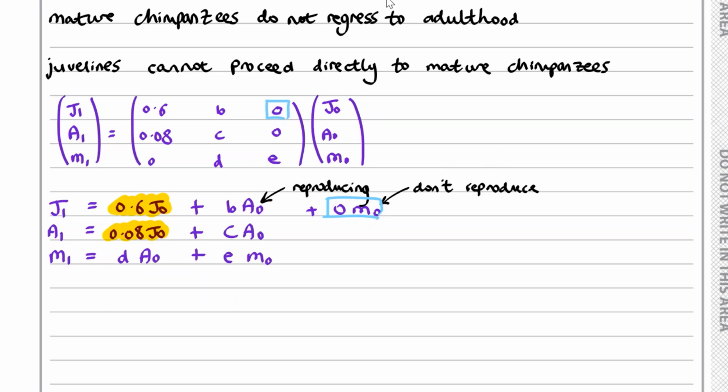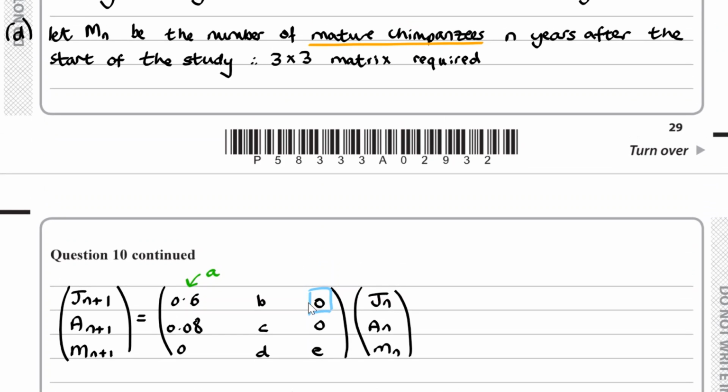And you would also have to recognize that we have 0 m0, because mature can't go back to adulthood. So that's why we have 0 m0 over here. Okay, so just bear that in mind as well.